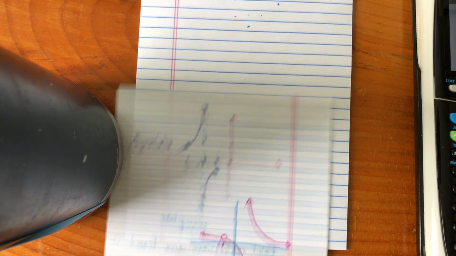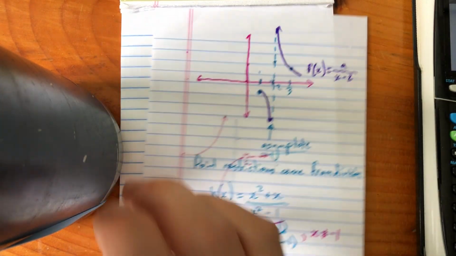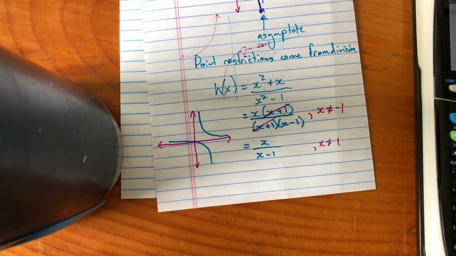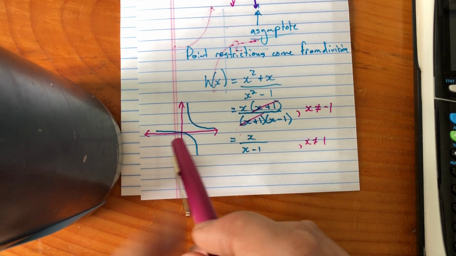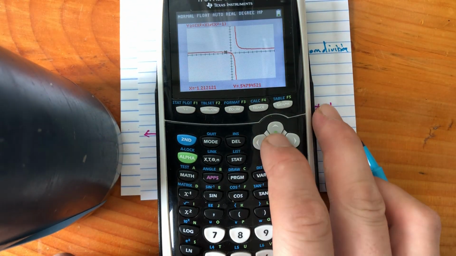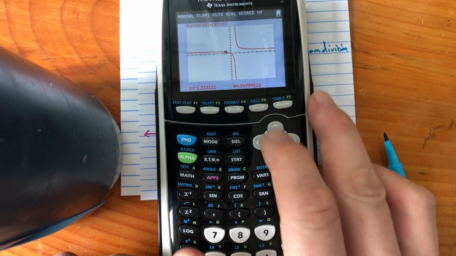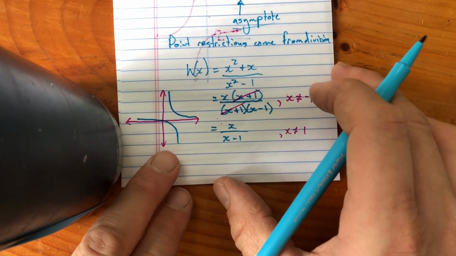This video is getting a little bit long, but I would like to do one last thing. Because we simplified h of x and we got to this thing and we graphed it and we showed that the graphs were equal because, as we saw in the calculator, they just overlap one another. Well, let's go ahead and draw out what the domain looks like.